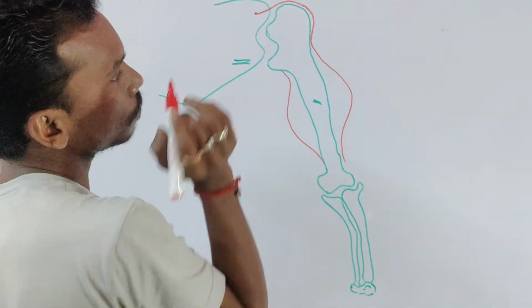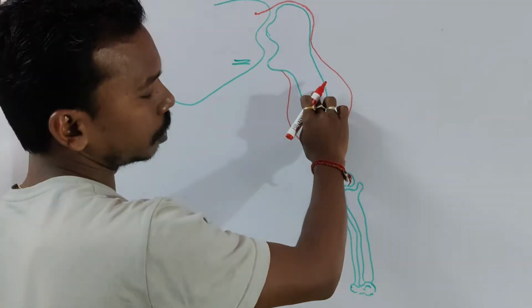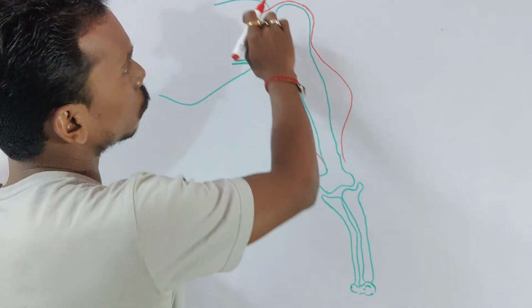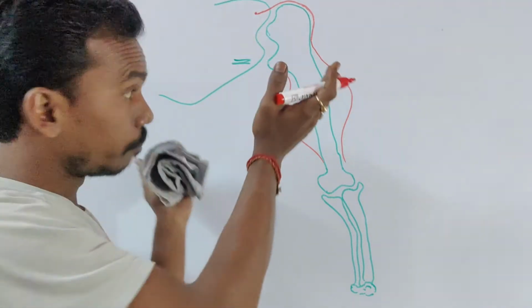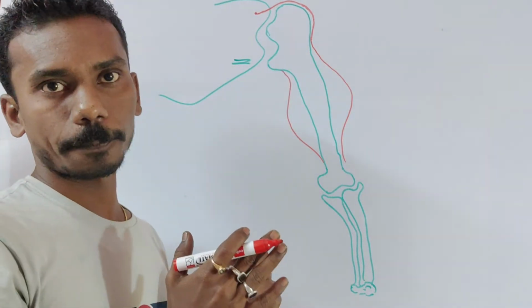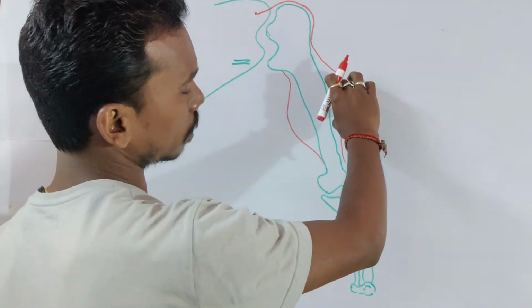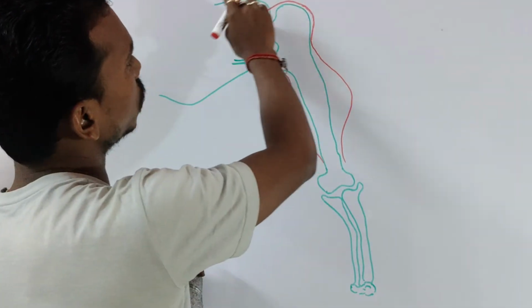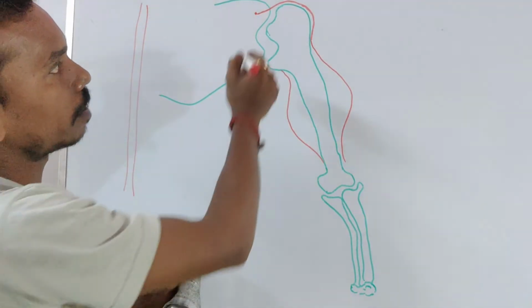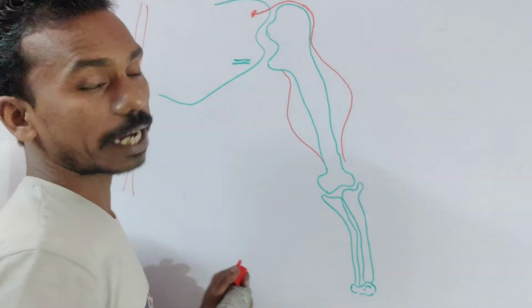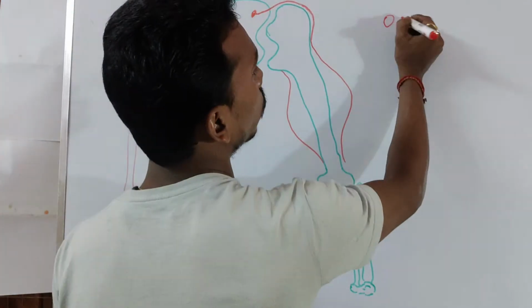This tendon is attached to another bone. This is the shoulder bone, this is the humerus. If a muscle has a tendon which is connected towards the spinal cord, then this point is called the origin of the muscle.